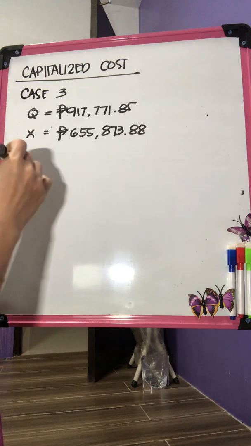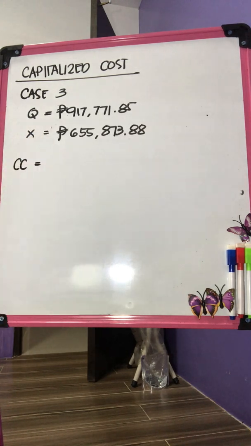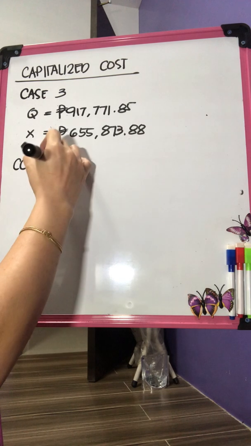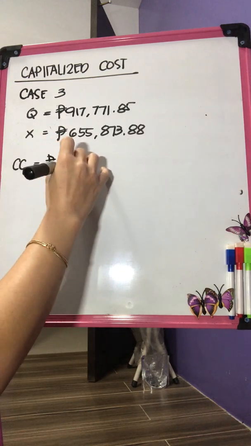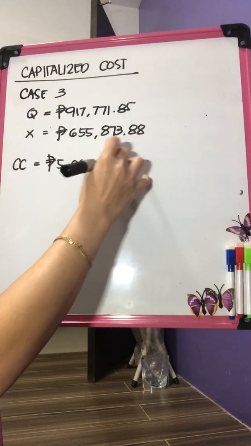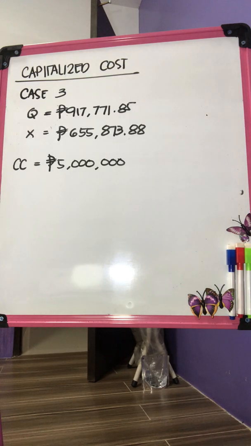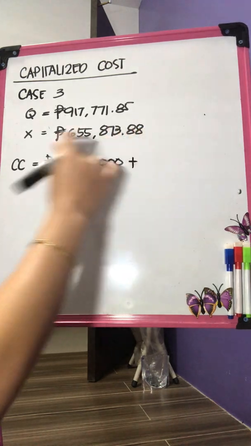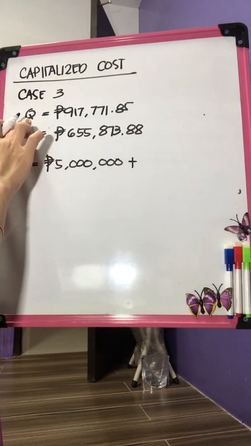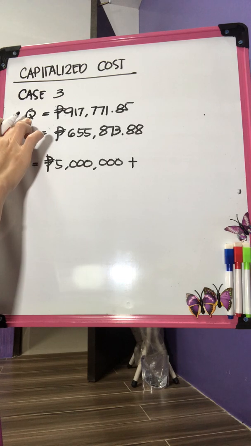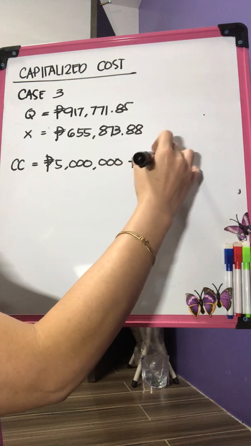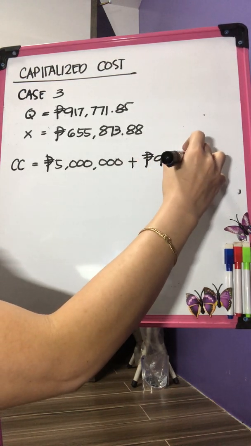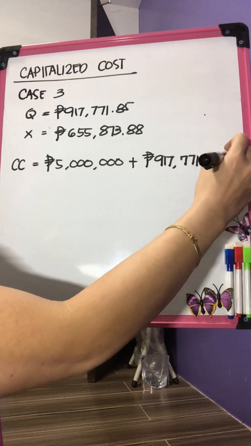So di ba sabi, for our case 3, yung capitalized cost, so that is equal to yung ating original cost. So yung original cost natin dito is equal to 5 million pesos. Okay, so ito yan daw yung kailangan for the initial construction ng ating research laboratory. Plus, ito yung present worth ng ating perpetual maintenance and operation, which is equal to 917,771 pesos and 85 centavos.